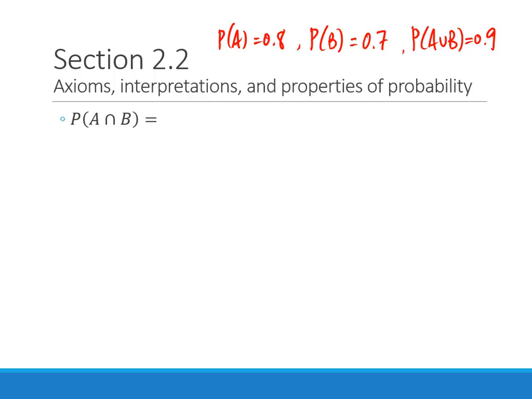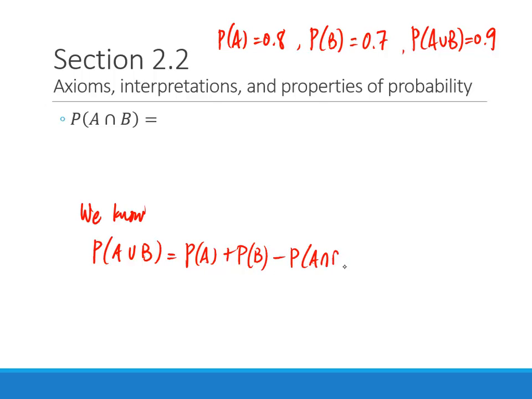Yeah, so I can take my general addition rule and just rearrange things and get the right thing here. So again, we know the probability of A union B is equal to the probability of A plus probability of B minus the probability of A intersect B. So I know 3 of those numbers, which means I can easily solve for the other one.